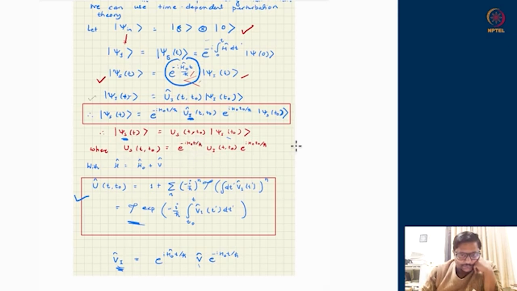It is a simple exercise for you to prove this: U S of t, t naught is just the interaction picture unitary squeezed between the free Hamiltonian unitaries at different times. The left hand side is the unitary at time t, and this is the unitary at time t naught, according to the free Hamiltonian. Again, this is nothing new; it is just a rewriting of the formulae of week 2.